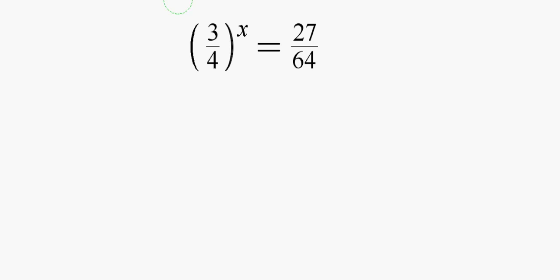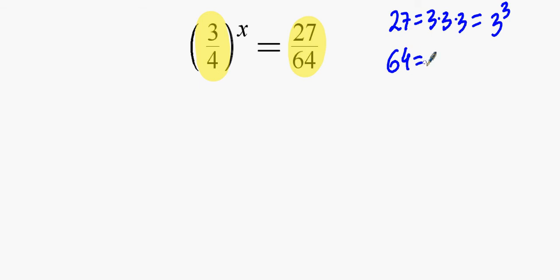The next one. So we look at 3/4 and we look at 27 over 64. And let's see if we can rewrite that somehow. Well, 27 is the same as 3 times 3, which is 9 times 3. So that would be 3 to the 3rd power. 64 is the same as 4 times 4 times 4, which is 4 to the 3rd power.